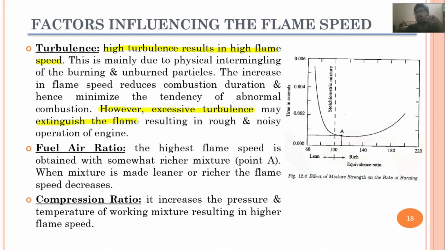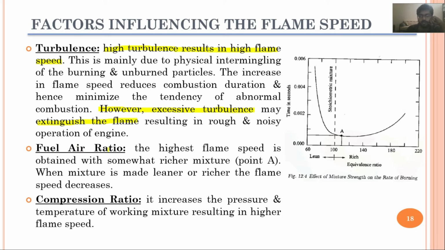It is just like when a strong wind is blowing, it will not help the flame to grow, and so the increase in turbulence will extinguish that flame which is still in the development phase and has not fully developed. So turbulence should be high, but it should not be that high. Particularly, it is desirable that we have a low turbulence in the quiescent layer.